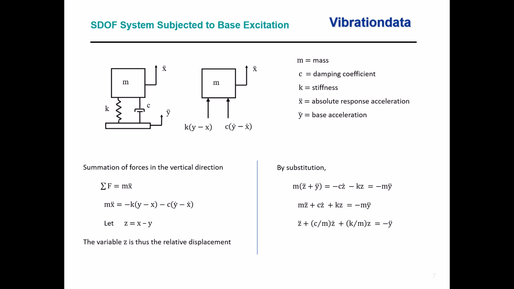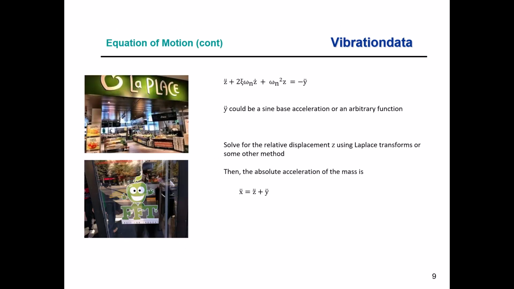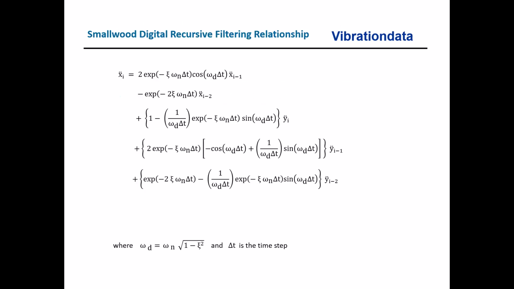It may have attenuation in other cases where x double dot peak is less than y double dot peak. And under certain circumstances, x double dot peak may equal y double dot peak as well. So this system can either amplify or have unity gain or attenuate base input energy, and that's why we call it a filter. And that filtering action is reflected in the Smallwood algorithm on this very slide.